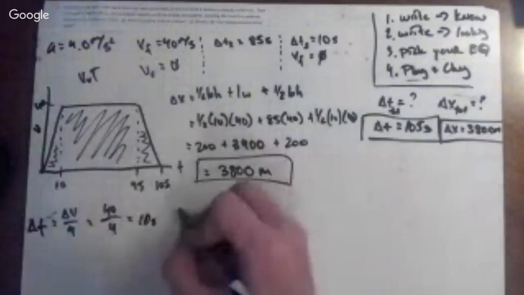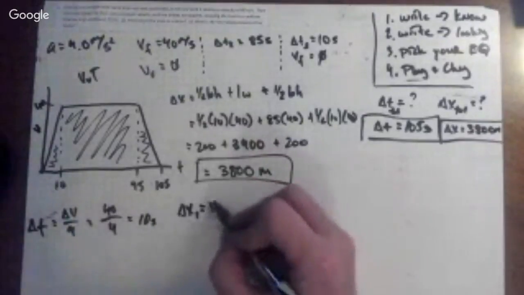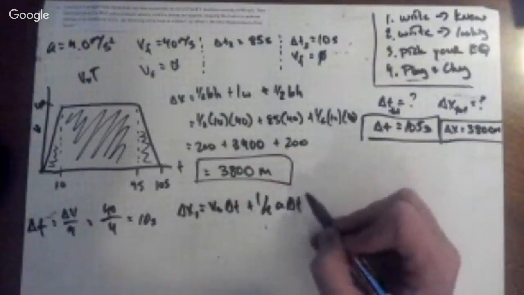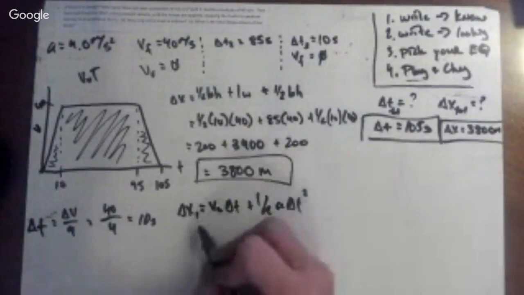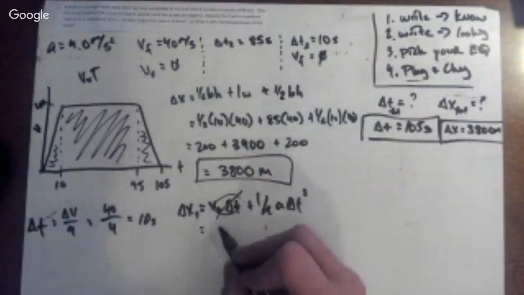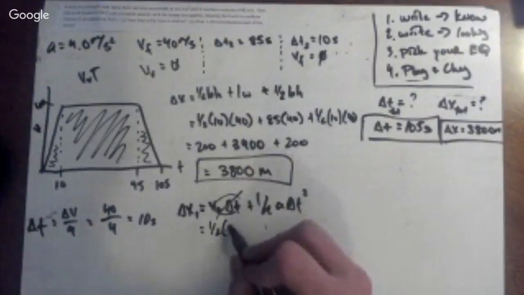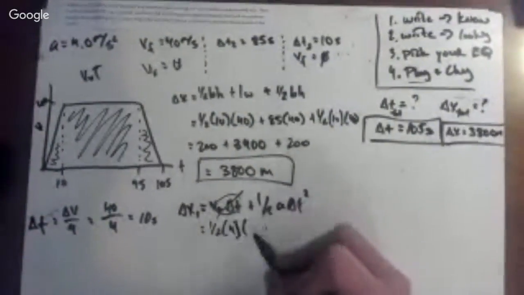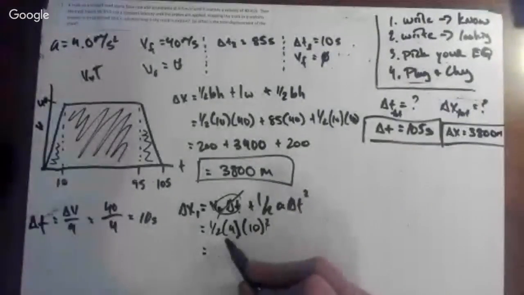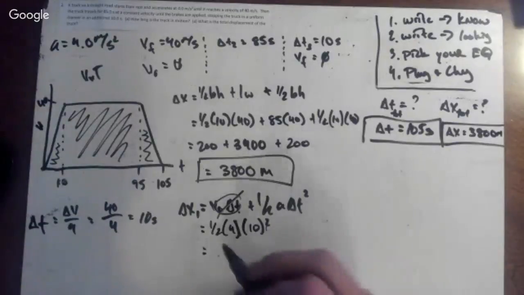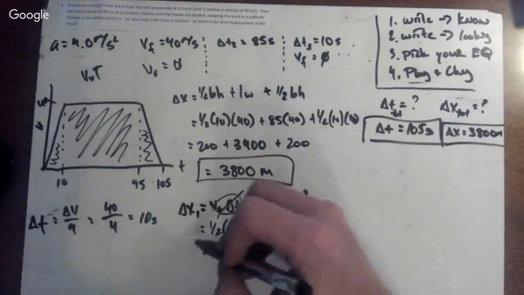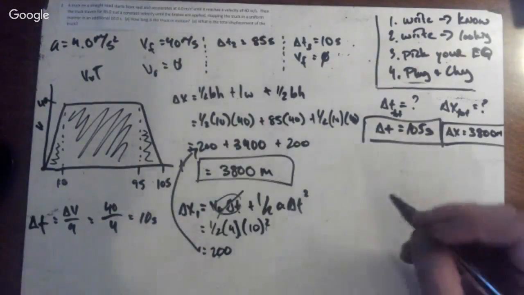So in this first part, if we look at the original equation, we can see that our initial velocity is 0, so this term drops out. 1/2 multiplied by 4, which is our acceleration, times our time, 10 squared. So 1/2 times 4 is 2, and 10 squared is 100, so 2 times 100 is 200. See what we did there?